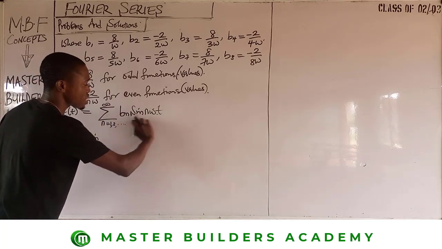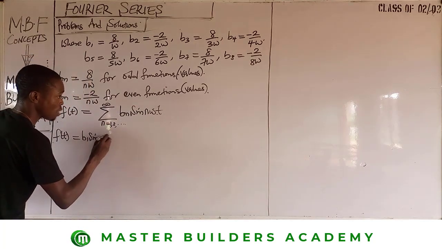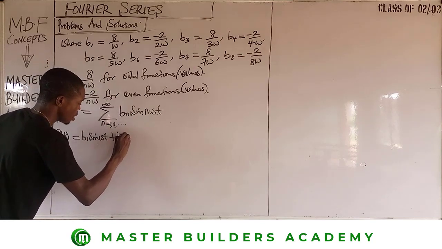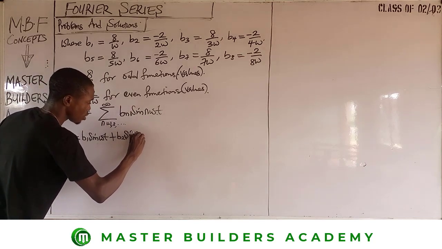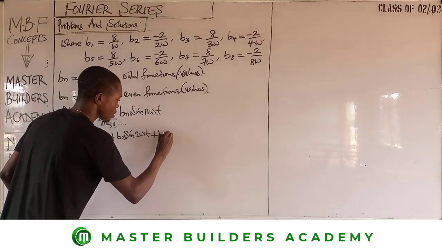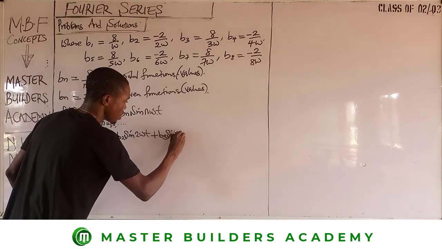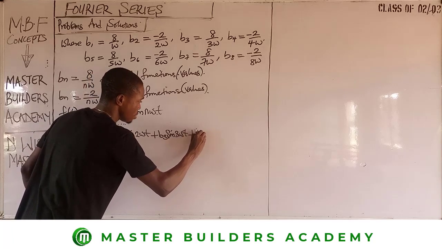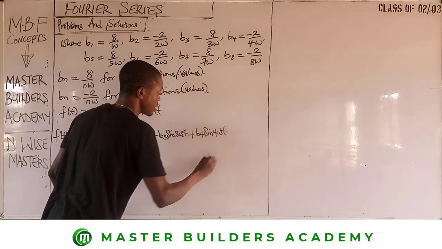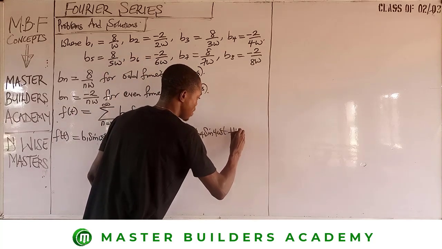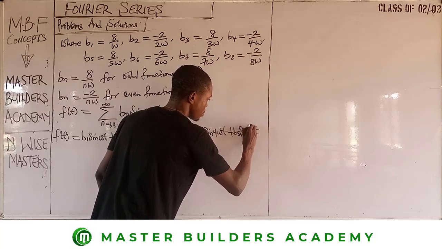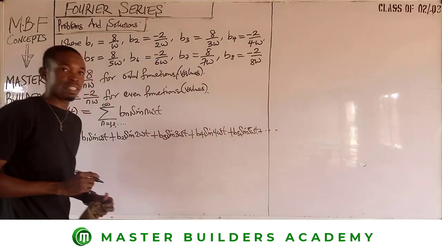Remember, anywhere you see n, you put 1. Sine n omega t, n is now 1, so we have omega t, plus b2 sine 2 omega t, anywhere you see n, plus b3 sine 3 omega t plus b4 sine 4 omega t plus b5 sine 5 omega t. Then just like that, you finish.